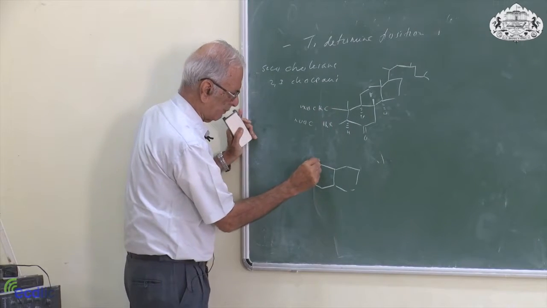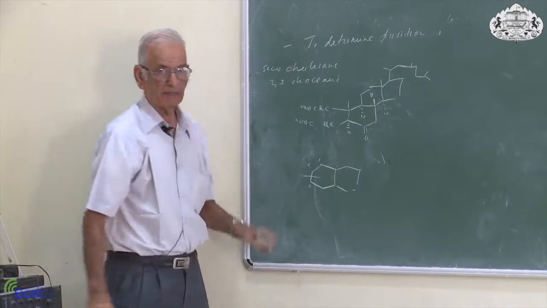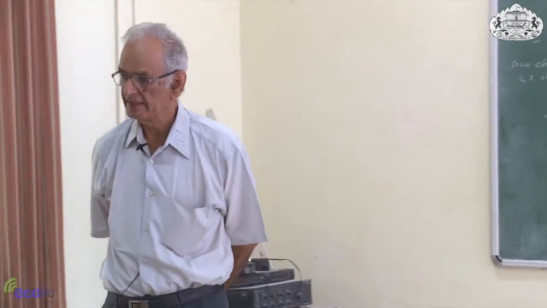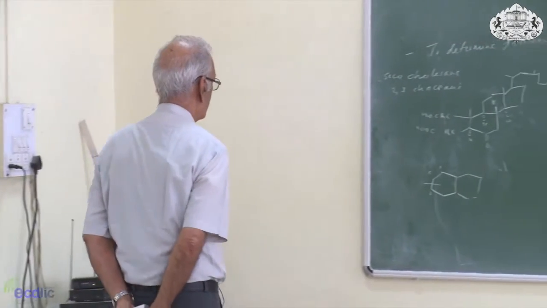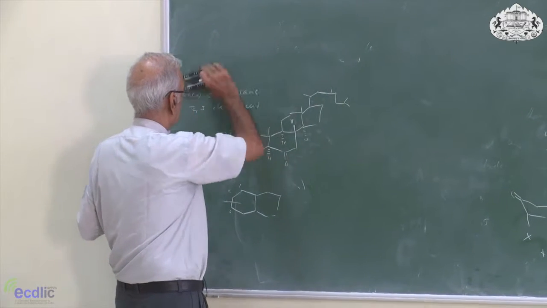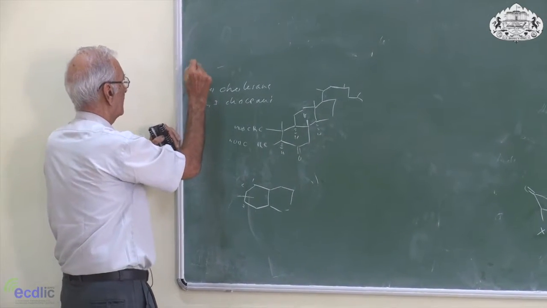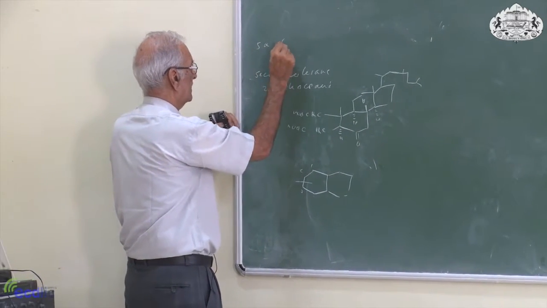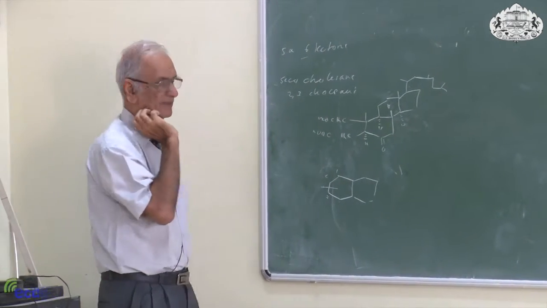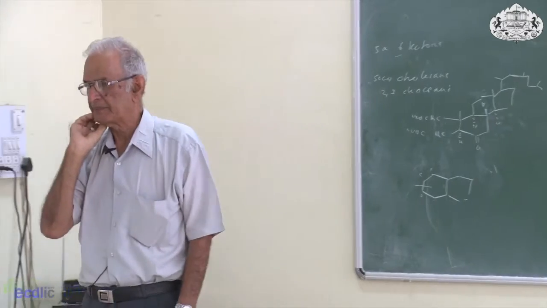We have broken the bond between carbon number 2 and carbon number 3 and made it into a dicarboxylic acid. If I have to give the full name, 5-alpha 6-keto cholestane 2,3-dioic acid.